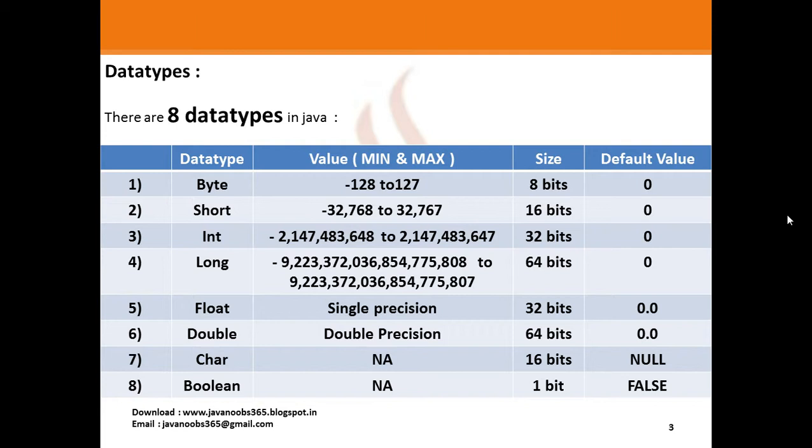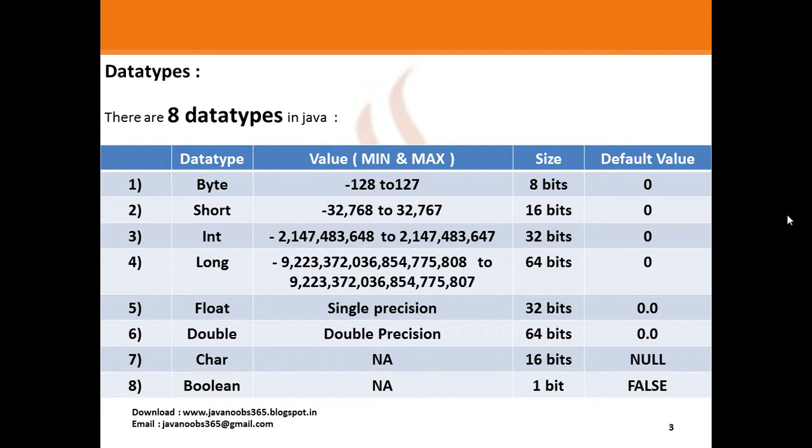That would be 9 quintillion 223 quadrillion 372 trillion 36 billion 854 million 775,807. Can you believe it? I just read it out to you. This is the value of long, plus or minus, and the size of long is 64 bits, and the default value is 0.